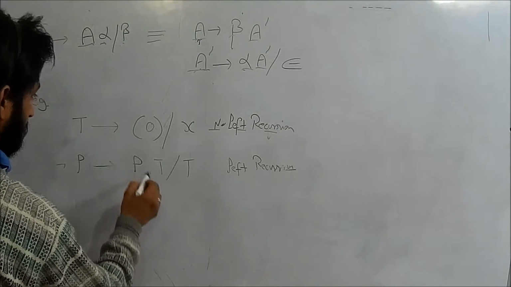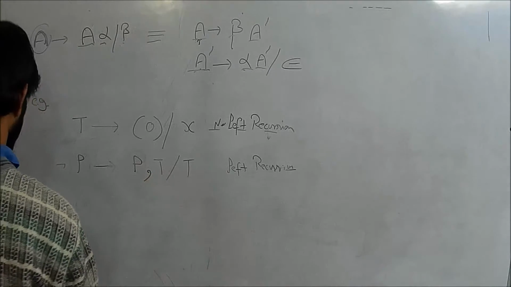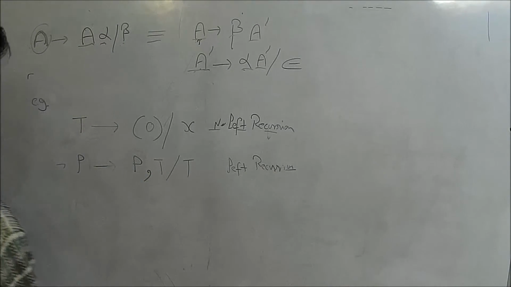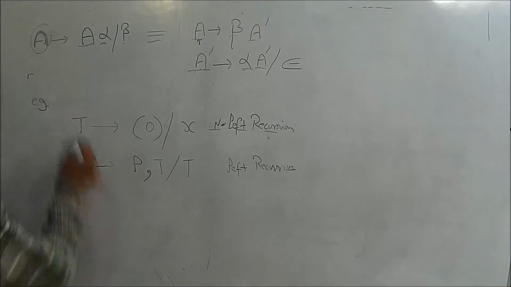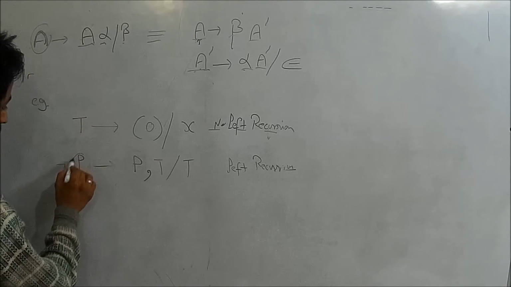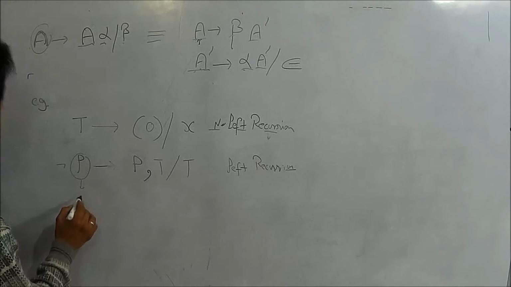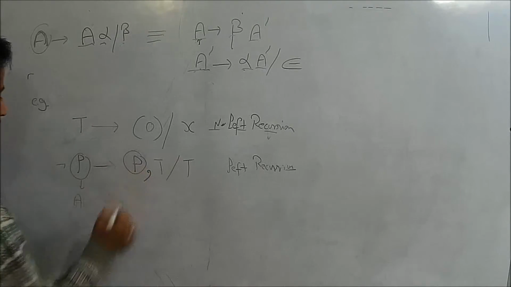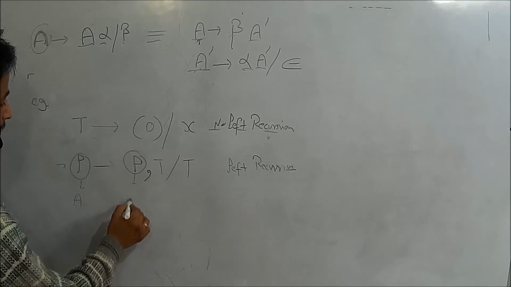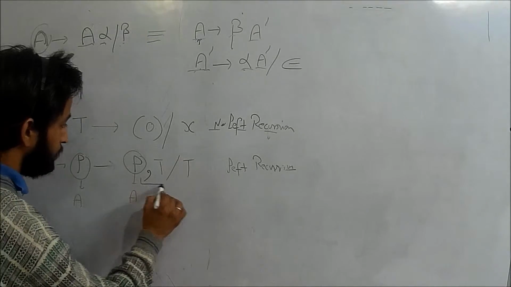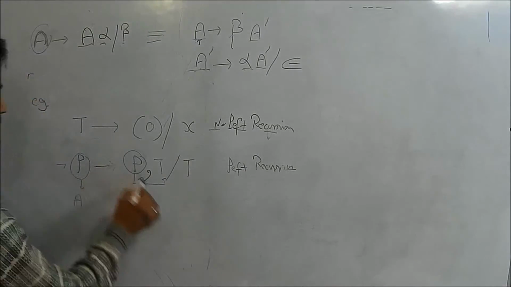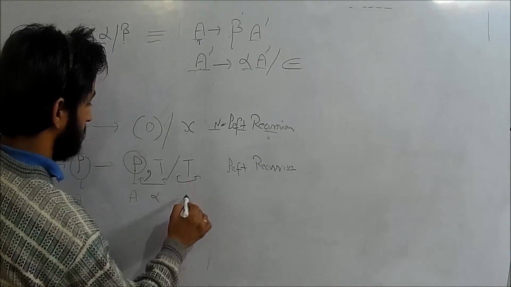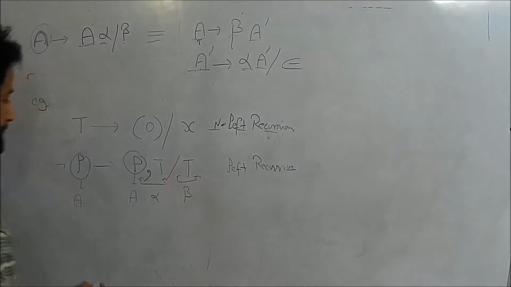P and comma. So now this P we will take as A, this we will take as A, this whole we will take as alpha, and this as beta.